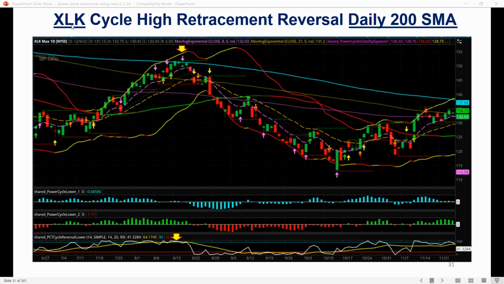And then here's just one more example. Here's XLK, the technology ETF. And again, you can see it going up into the 200-day. So typically, when I use the cycle reversal indicator, when I start seeing 3 combined together like this kind of a sequence here. So you can see the first one was right there.